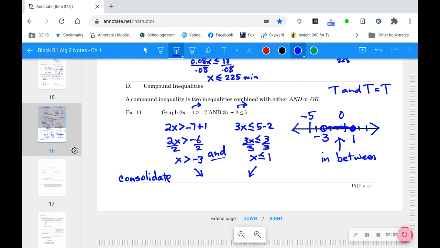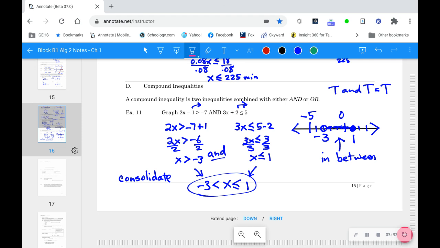And when you consolidate this, you put the variable in the middle with less than signs on both sides. Don't use a greater than sign, okay? So I'm going to say less than or equal to on this one, and you put the smaller of these two numbers on the left and the larger one on the right. And this is the shortcut way of writing what's on the line above it.